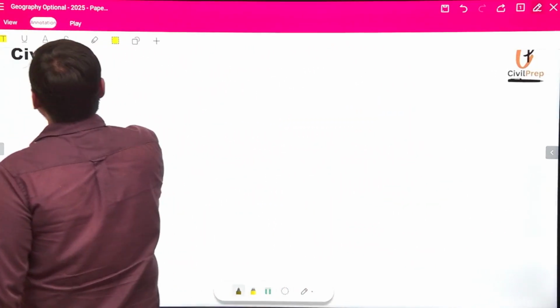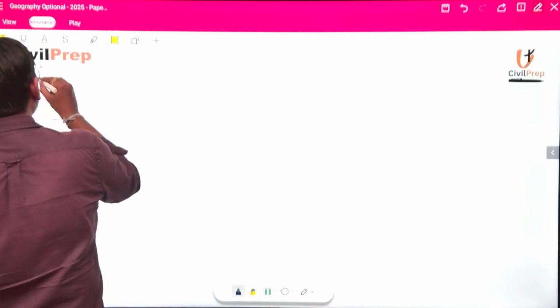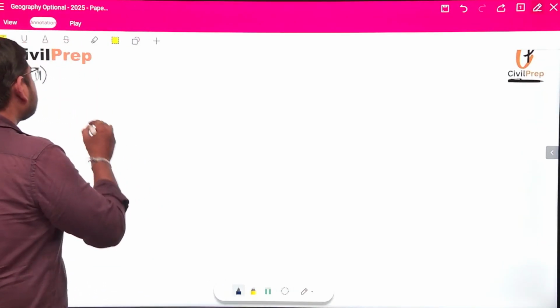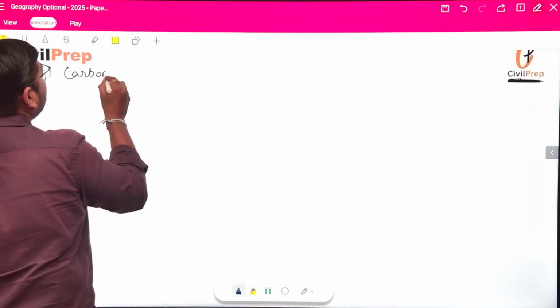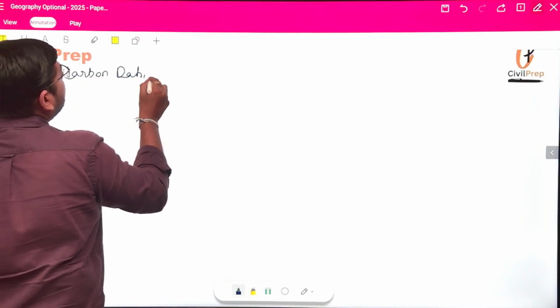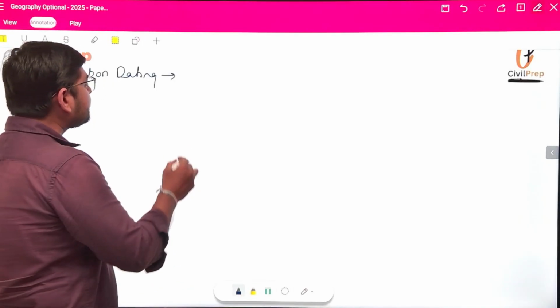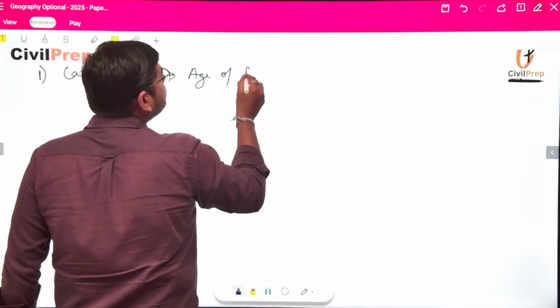Now, here we'll be seeing, for example, carbon dating. Carbon dating technique can be used here to identify the previous landforms, like what is the age of a fossil.